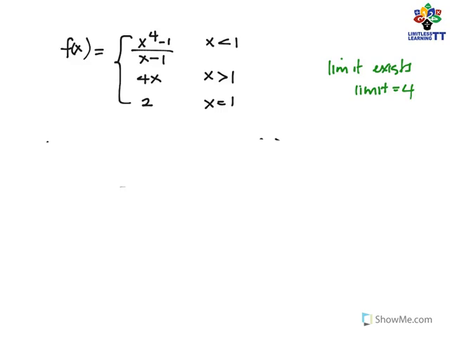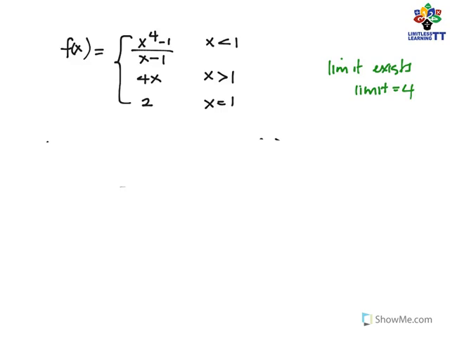Now, if a function is continuous at, in this case, x equals 1, it means that your limit must exist, and the limit must also be equal to f of 1. Right?